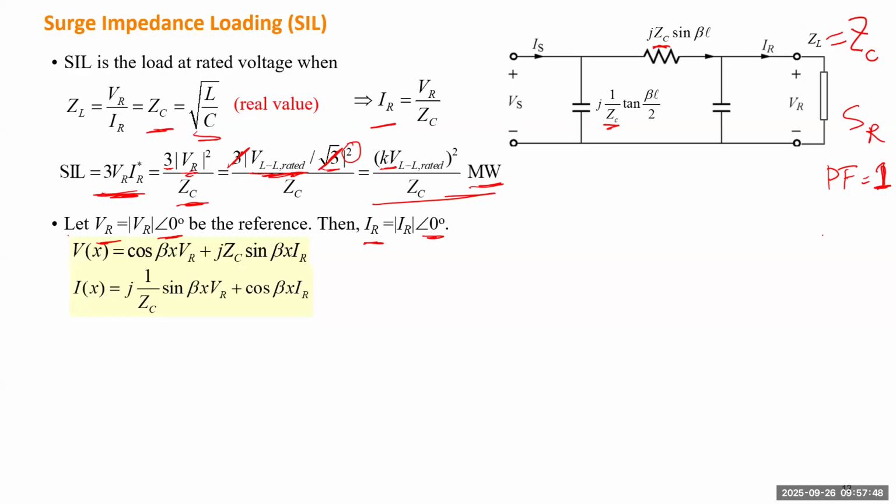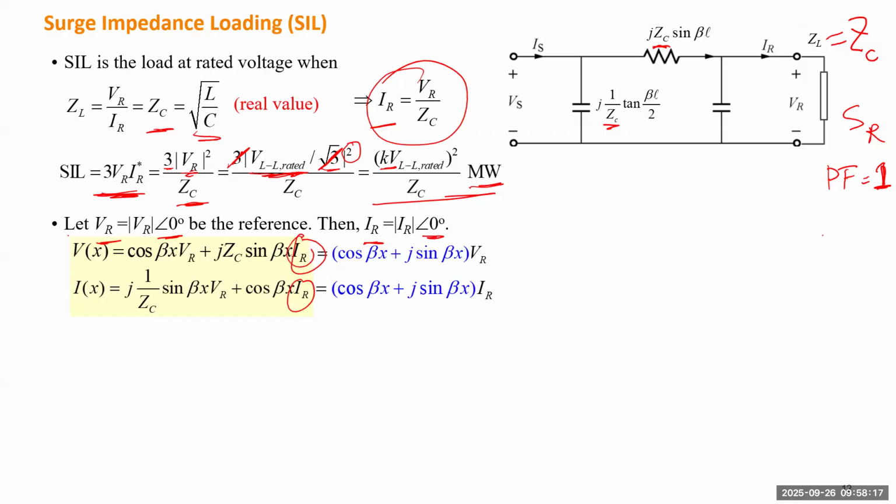Okay, so we go back to those 2 equations to calculate the voltage and current at any distance. We can plug in this equation to replace the current. Basically, we just replace IR by VR divided by ZC. Then we do some simplification.